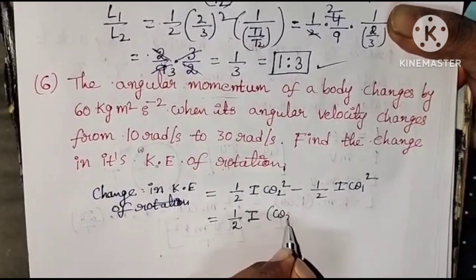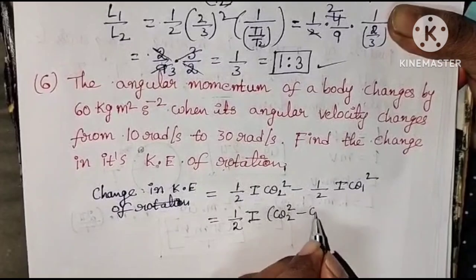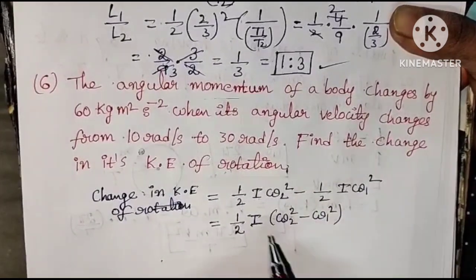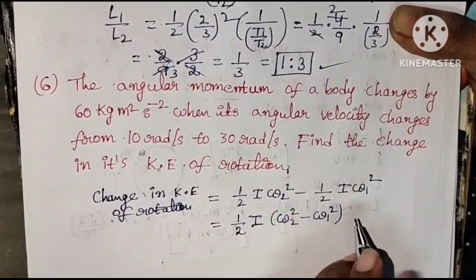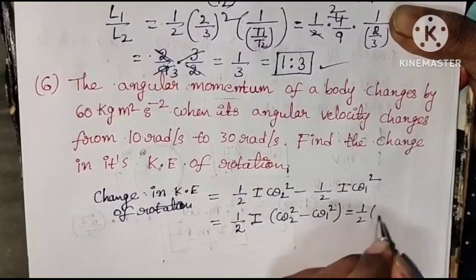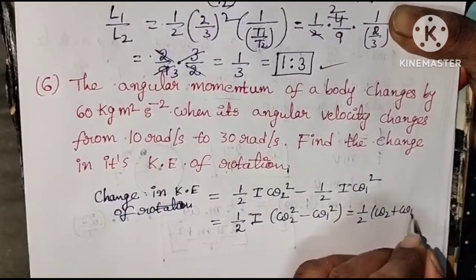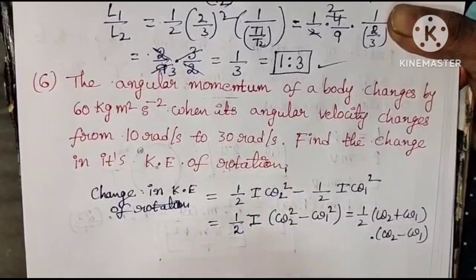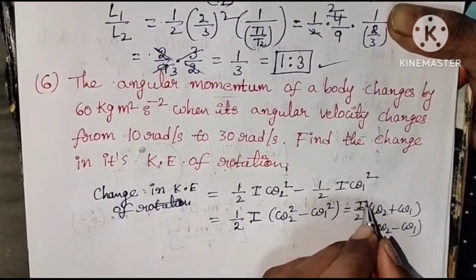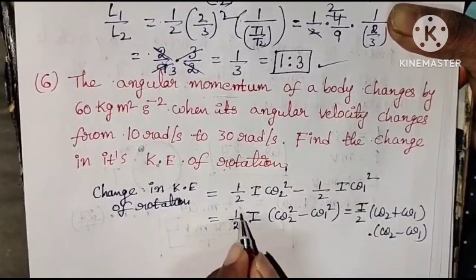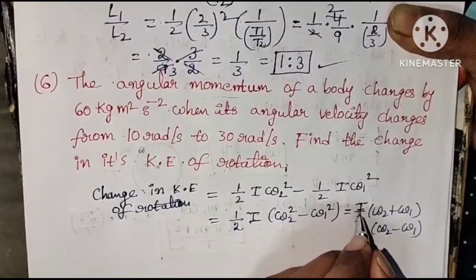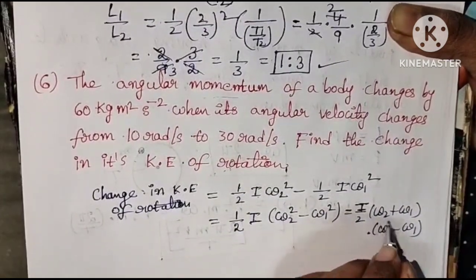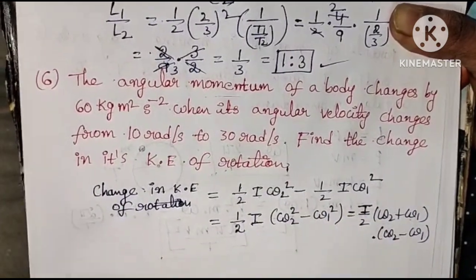So we have omega 2 square minus omega 1 square. Now this is like a square minus b square. So what is the formula? a plus b into a minus b. So 1 by 2 into I means I by 2, I by 2 into omega 2 plus omega 1 into omega 2 minus omega 1.